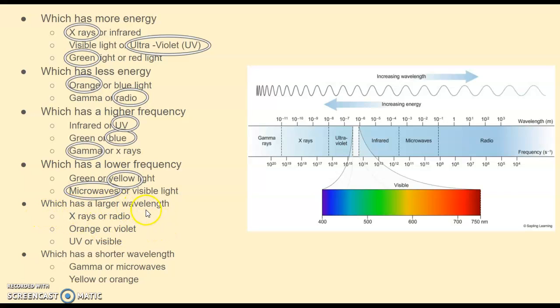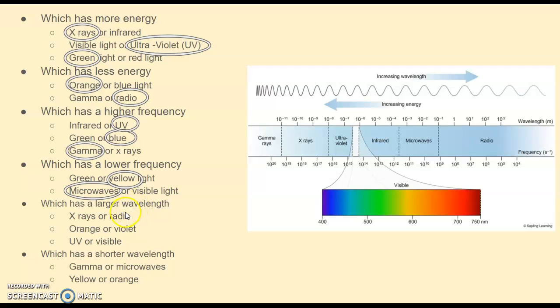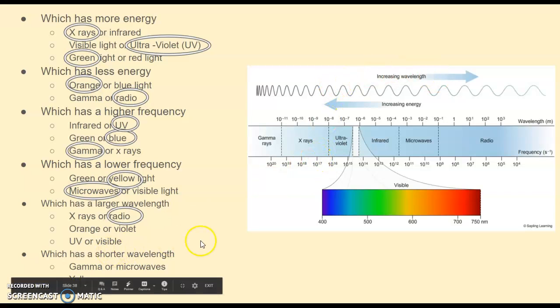And I can also ask you questions about wavelength. So which one has a larger wavelength? Which one has a shorter wavelength? So larger wavelength, X-rays or radio waves? X-rays are right here, radio waves are right here. Larger wavelength, that would be radio waves, right? My wavelength is larger on this end than it is over here.